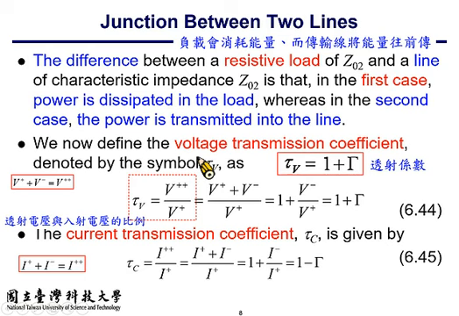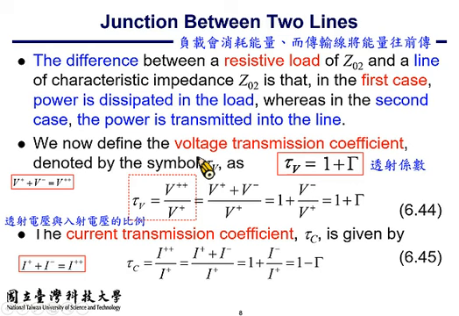So V plus plus V minus equals to V double plus. All right? So you can substitute this into the numerator of this expression. So you have V plus plus V minus over V plus. And you can recognize that the first term equals to 1, and the second term is V minus over V plus, which is what? Which is the definition of the reflection coefficient. So 6.44 is the definition of the transmission coefficient. So tau equals to 1 plus gamma.